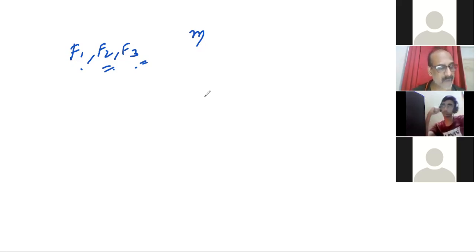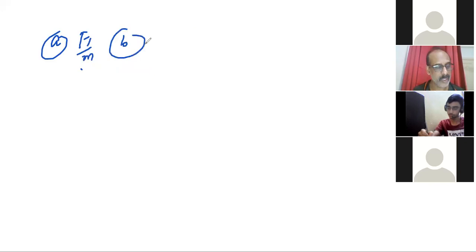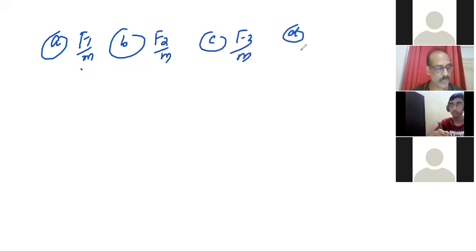If force F1 is now removed, then acceleration of the particle is: A is equal to F1 by m, B is equal to F2 by m, C is equal to F3 by m, D is none of these.